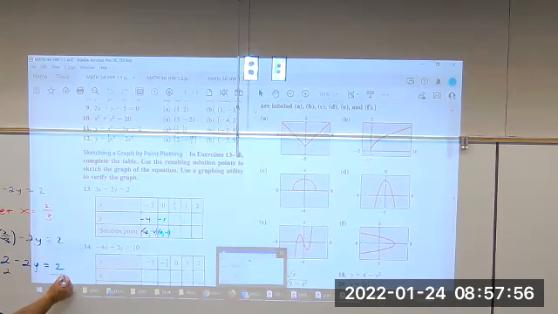Subtract 2. Negative 2y equals 0. Divide by negative 2. All right, $1 million question: 0 divided by negative 2 is 0. Do not forget, 0 divided by any number except 0 is 0.